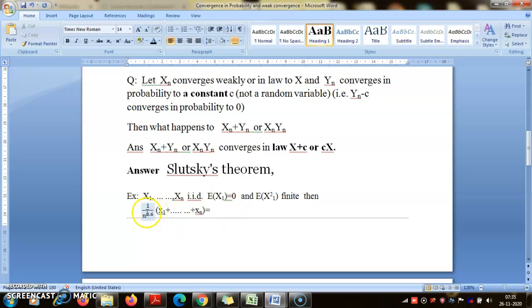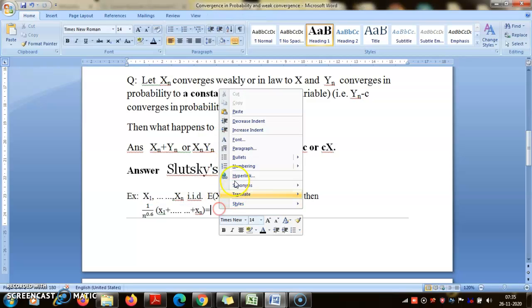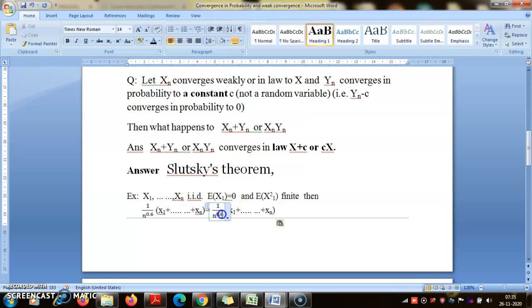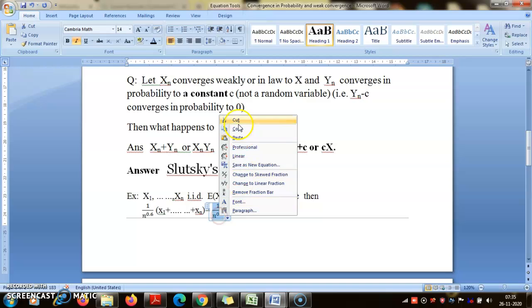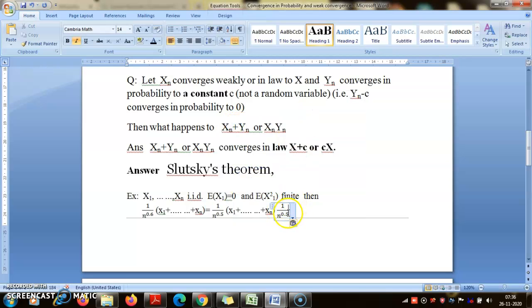Now you see, I can think of this ratio as a product. Here you can write it as 1 by n to the power 0.5, and then something remains. What is that something? The other thing is 1 by n raised to the power 0.1.